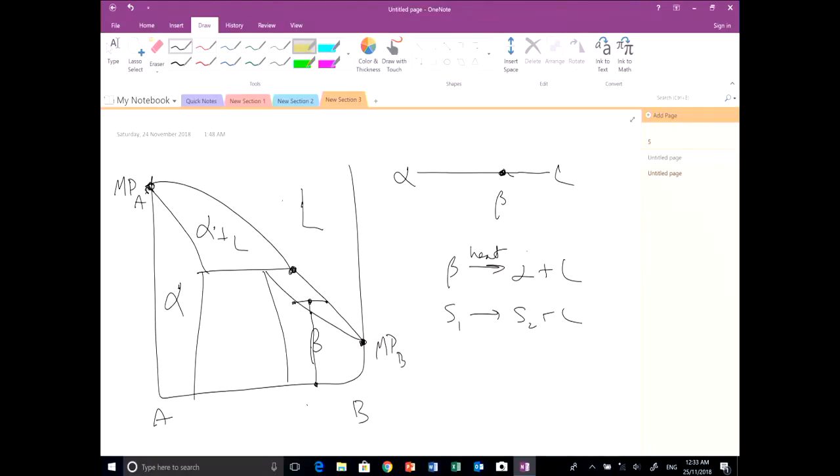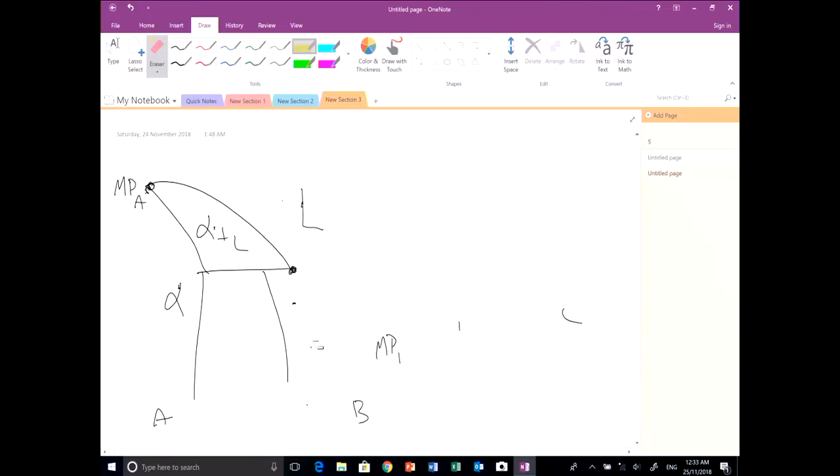Just look at that invariant point. It's paratectic, it's all paratectic. All right, so here we have a slight variation of an invariant point simply because it's incongruently melting. Well, it's a solid solution, I should say.